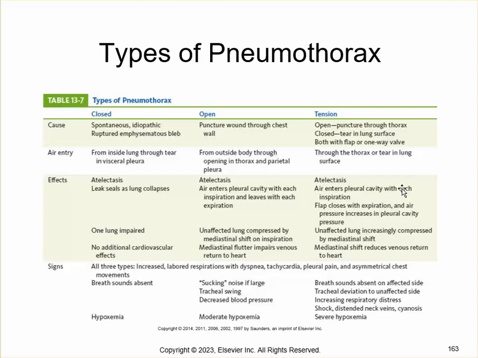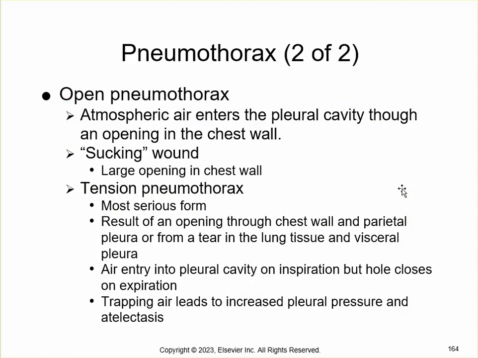And you end up with cyanosis, hypoxemia from impairment of the heart. So with the open one, atmospheric air enters, so it's a sucking wound. Tension is with this one-way valve.